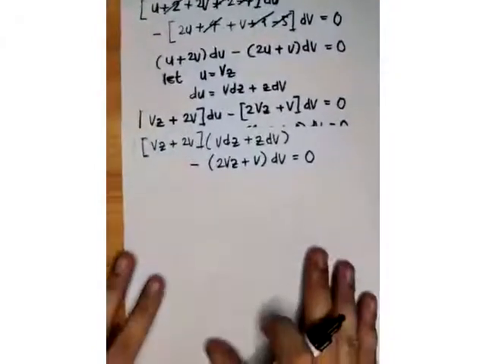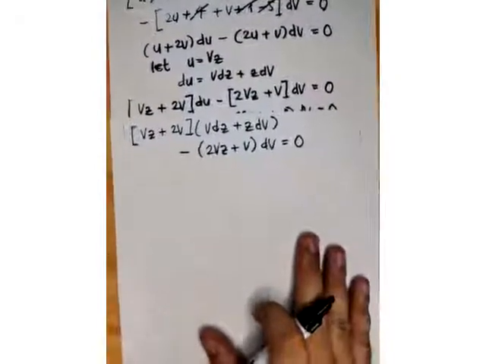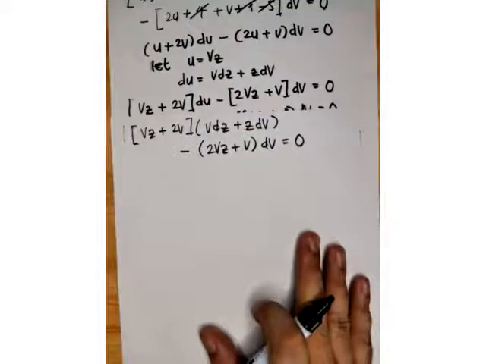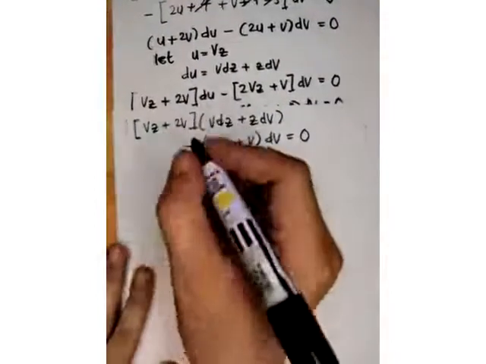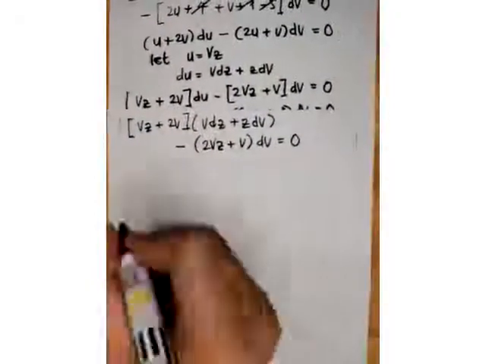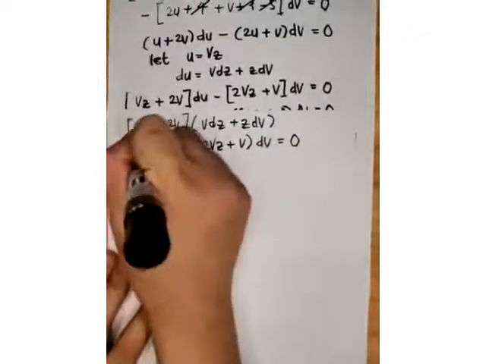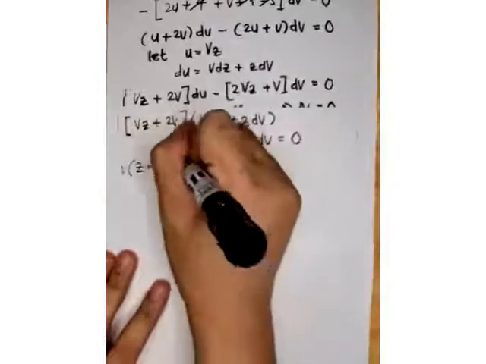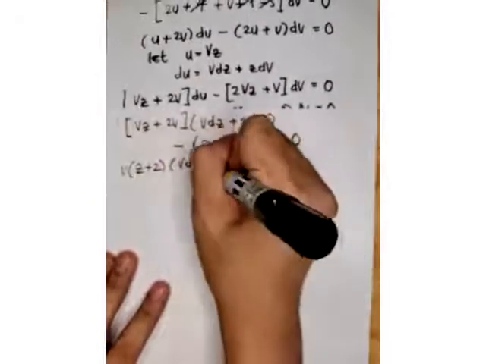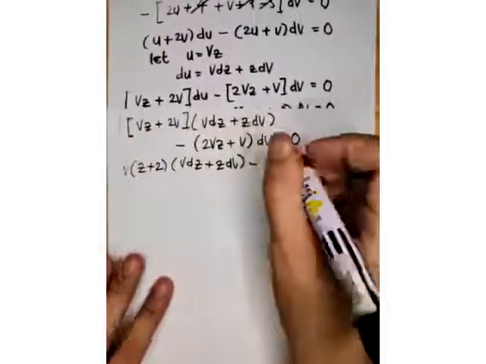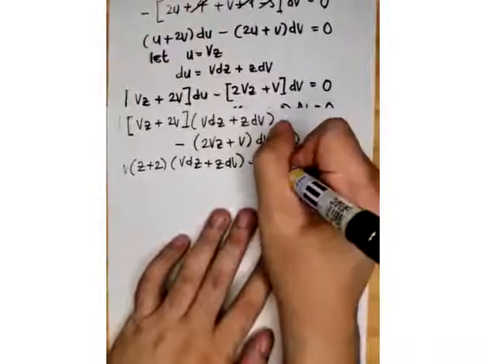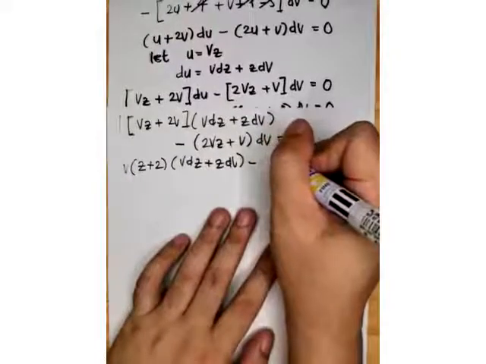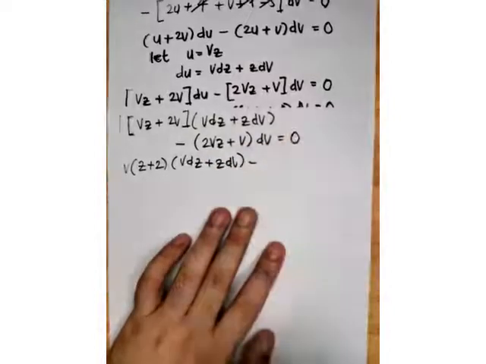Right. Okay. And then we factor out yung v para ma-eliminate muna natin siya. So v times z plus 2 times v dz plus z dv minus, pagkakasya ko ba?